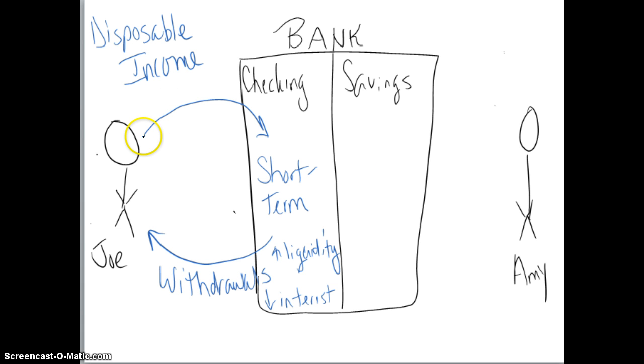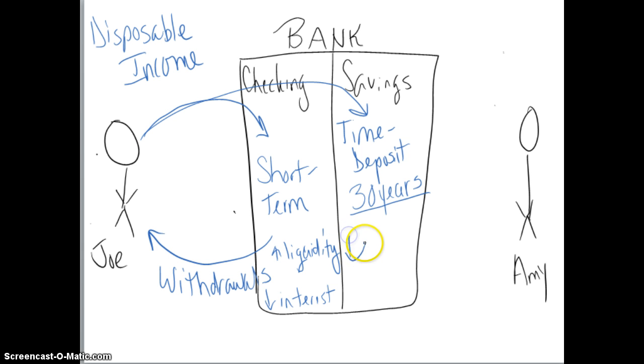Let's assume that Joe also has a savings account, and we're going to pretend this is a time deposit. Joe deposits into this time deposit periodically, let's say twice a month, because he's saving for his retirement and he wants to make sure that it's earning interest, maybe over a 30-year period. He cannot access this money because he is promising that he's going to keep it in there for a certain amount of time.